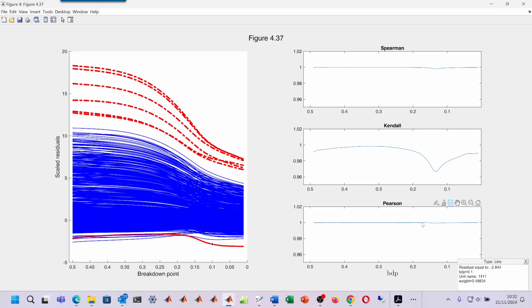So there is indeed a dip, but here we wanted to have the same scale for all the 3 panels on the right. On the other hand, in the book, you will see different scales for these 3 panels.